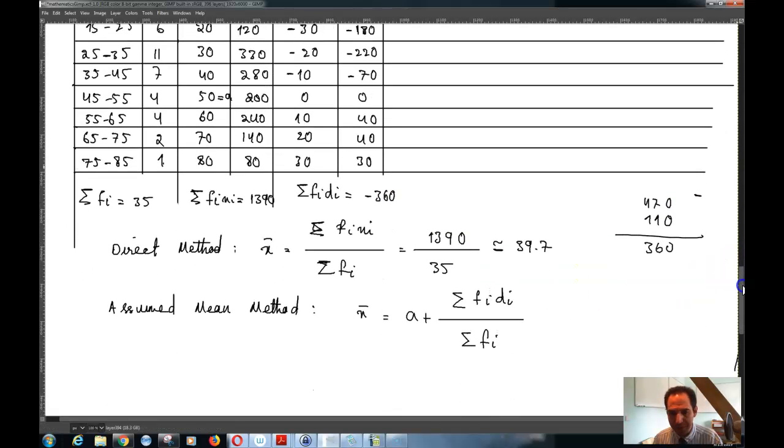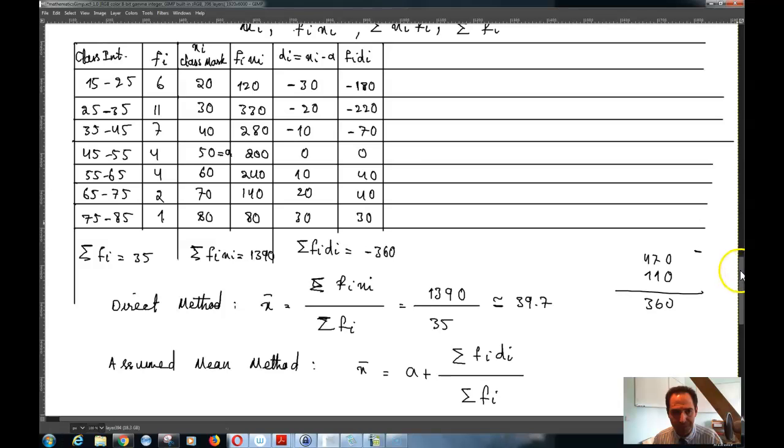So I get a as 50 plus sigma f of i d of i, which is negative 360, over sigma f of i. Sigma f of i is 35.